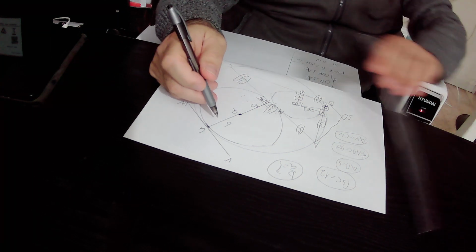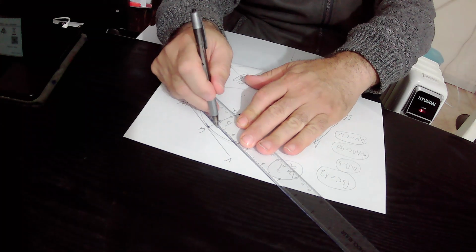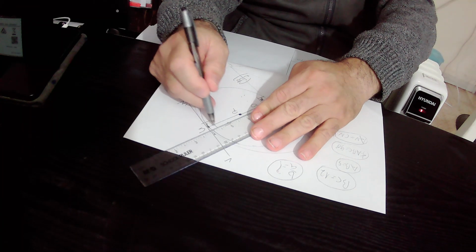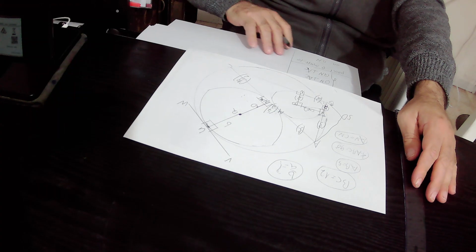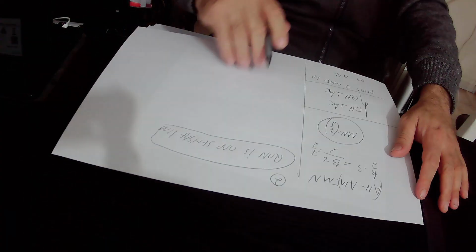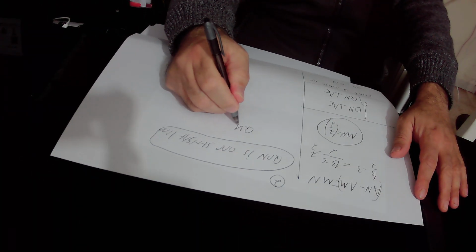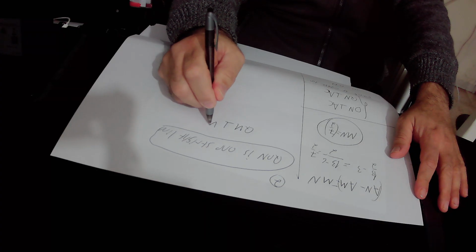This angle equals 90 degrees, and this angle also equals 90 degrees. So you can write down that QU is perpendicular to tangent VW.